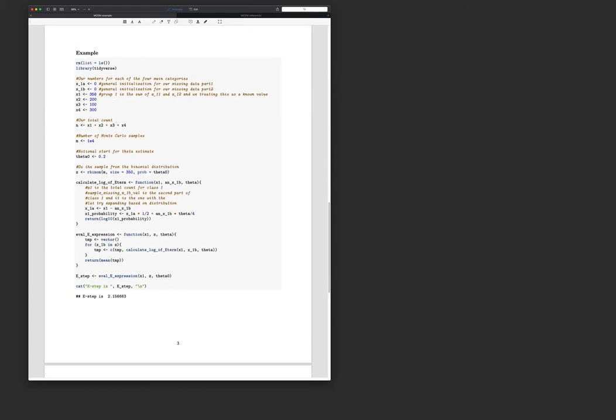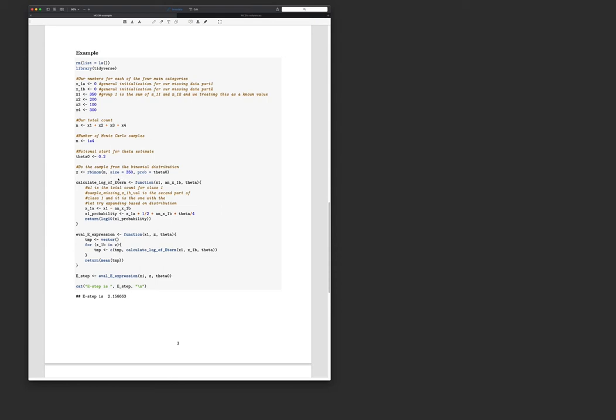So we do some initialization. We say we're going to have 350 books in the first category, 200 in the second, 100 in the third, and 300 in the fourth. Come up with a total count. We do our initialization for our Monte Carlo. We go ahead and set our theta naught, 0.2.